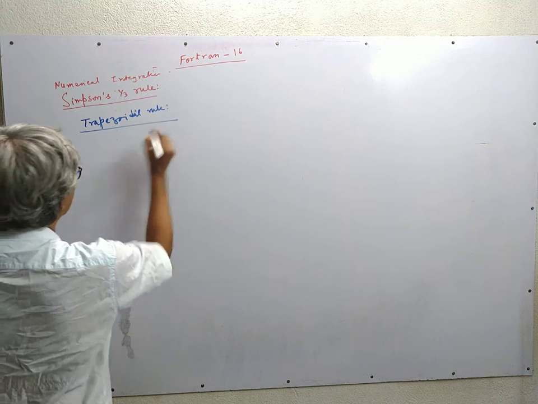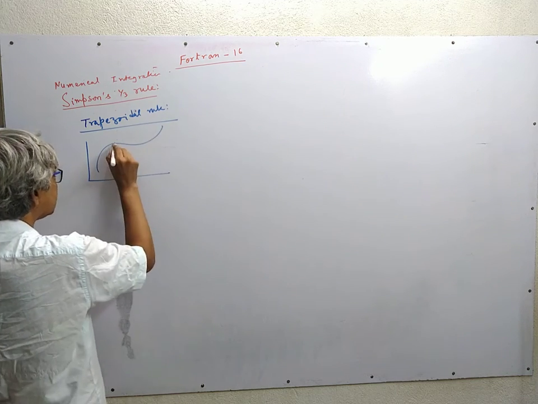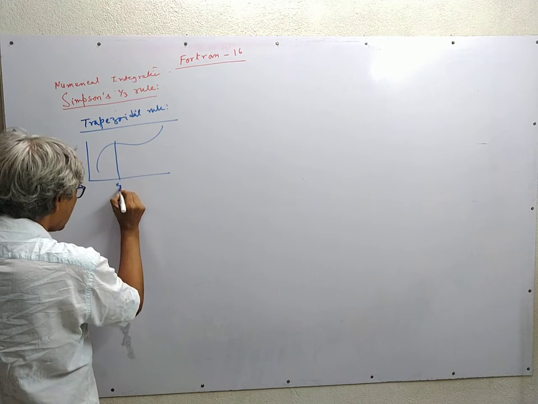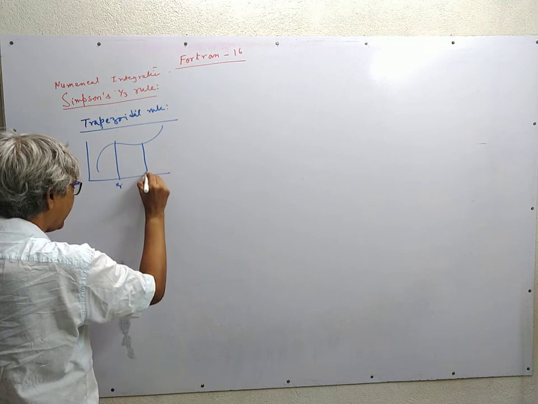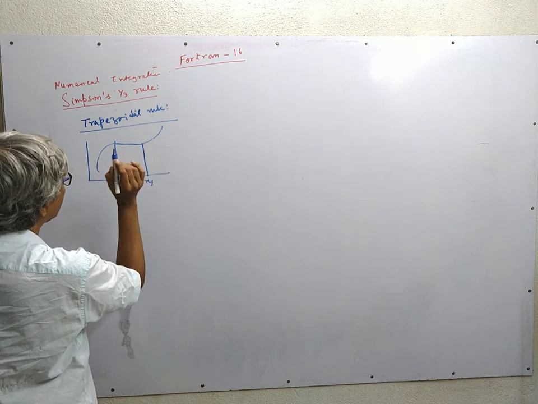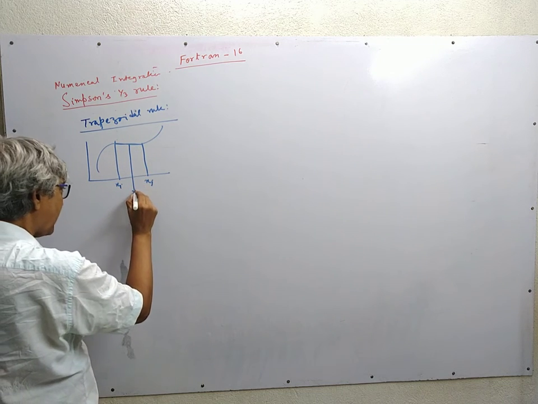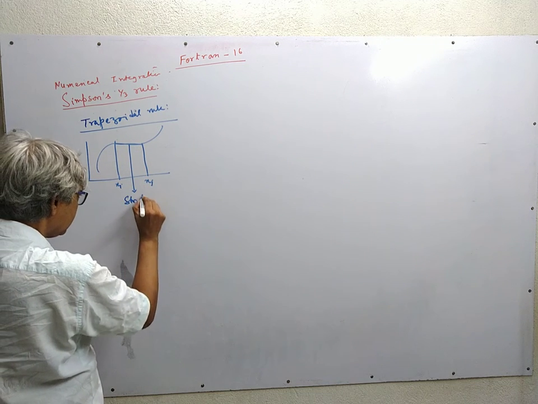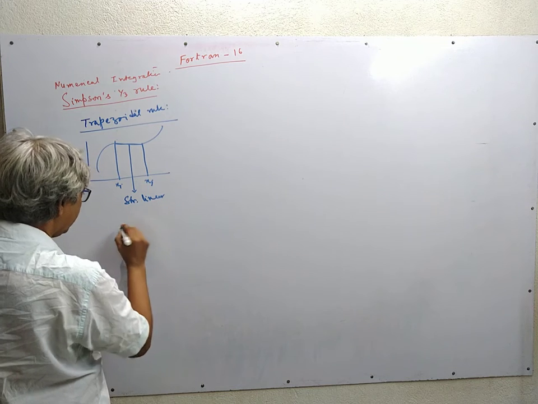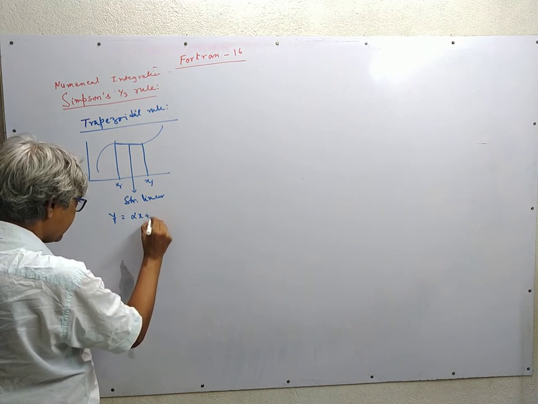In the trapezoidal rule, when applied to a block formula, that is, if we take xi and another point xj, then we approximate the curve between these two by a straight line. It is a linear curve, and we use the formula y is equal to alpha x plus beta.